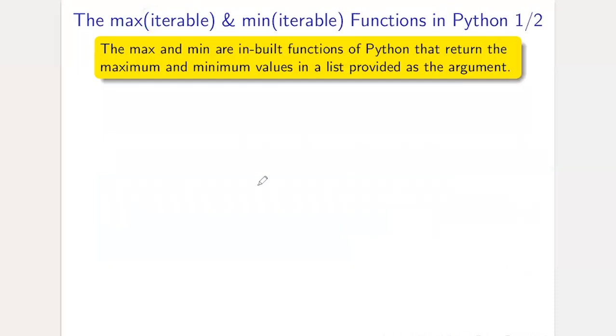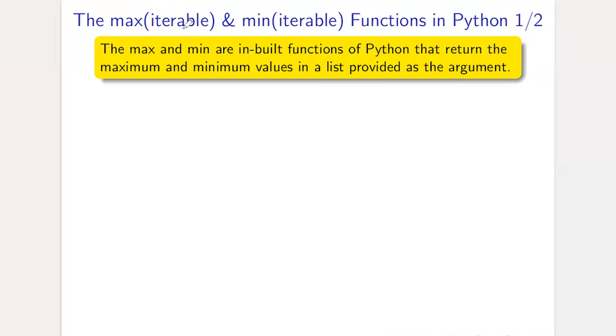More functions are available with the list. If you have an iterable collection, which is a list, and if it has elements that have order, then you can find the maximum value or the minimum value.